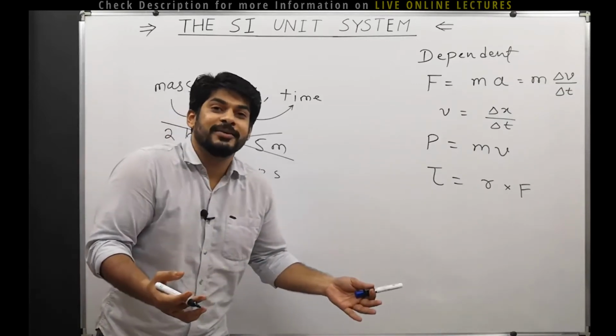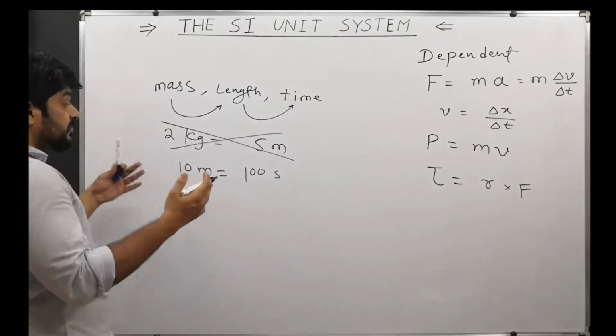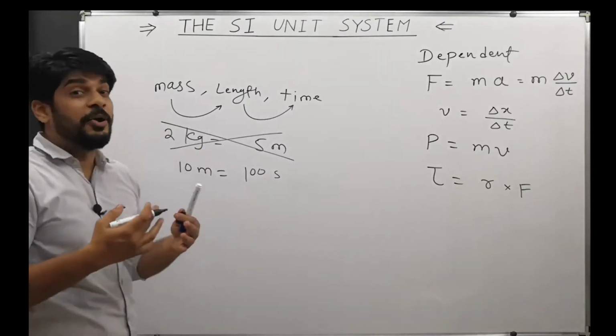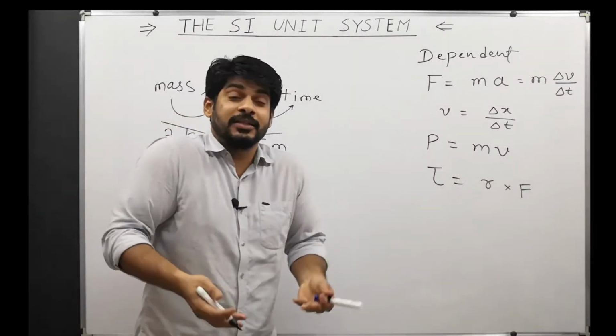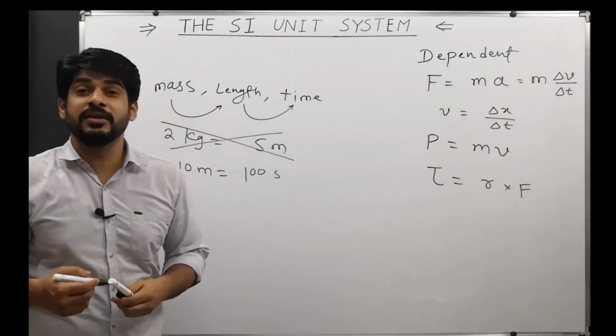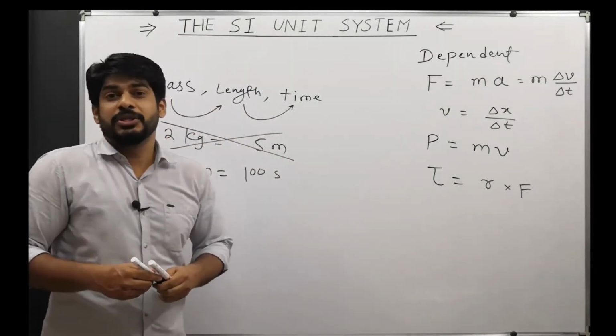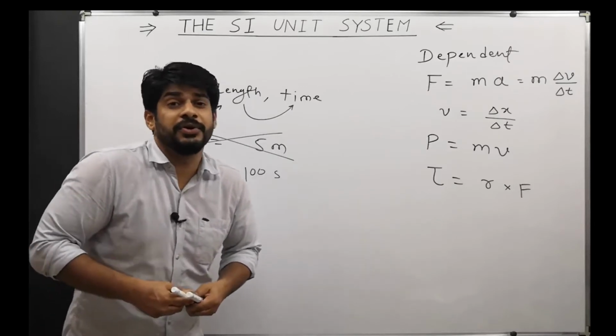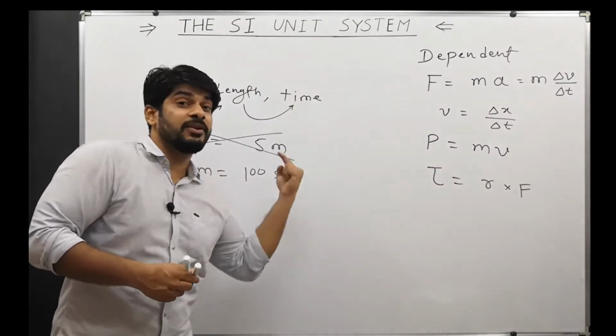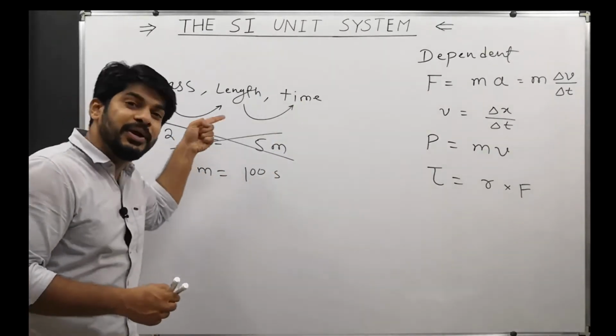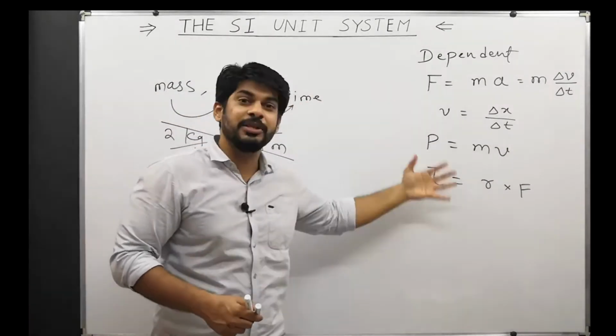We cannot do that. So you can see here that these quantities are completely independent of other such physical quantities. They don't depend on other physical quantities. In fact, other physical quantities are dependent on them, like these, and there are many more.